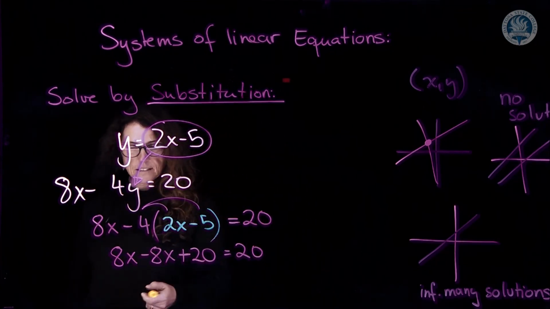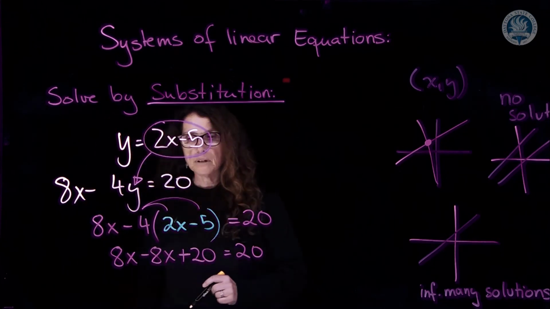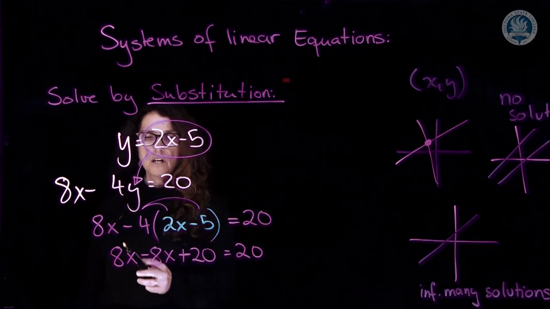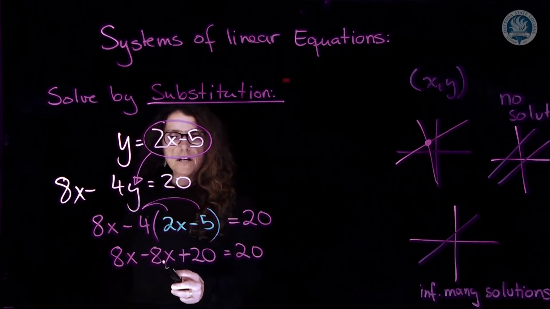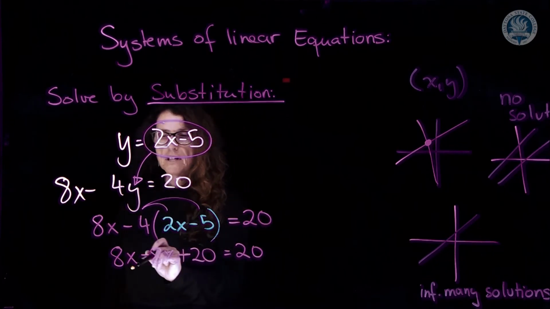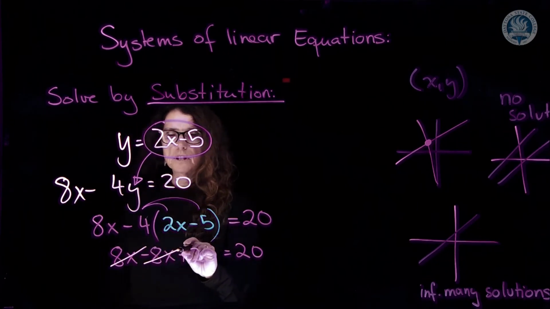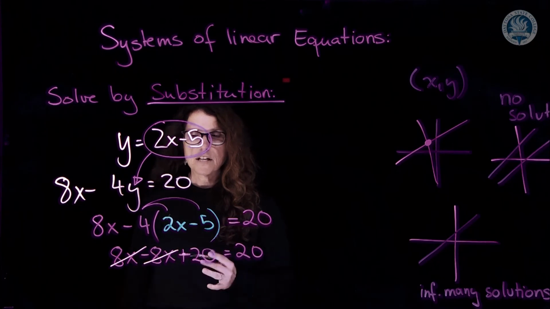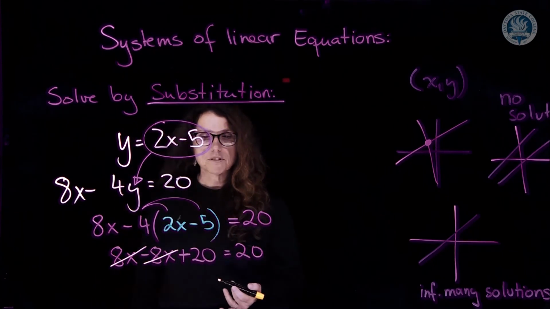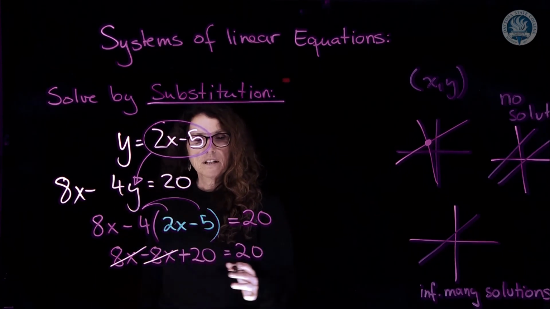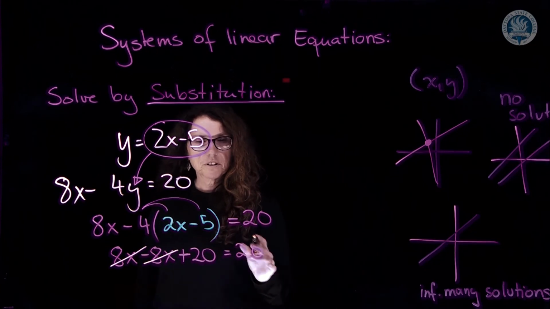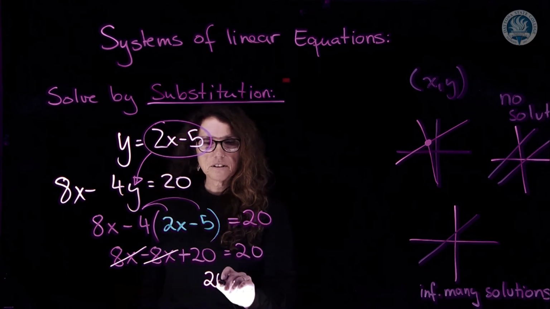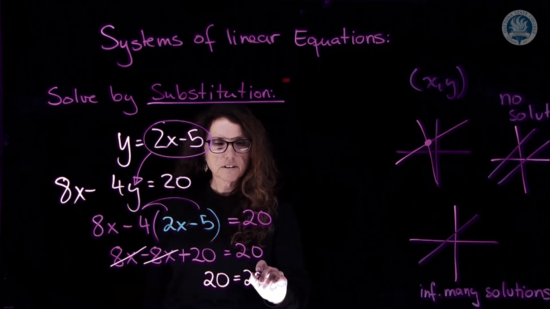So let's see what we can do. We combine like terms. 8x minus 8x, no worries. Yes, indeed, they do cancel out. That does happen sometimes. And what we are left with in this particular problem is 20 equals 20.